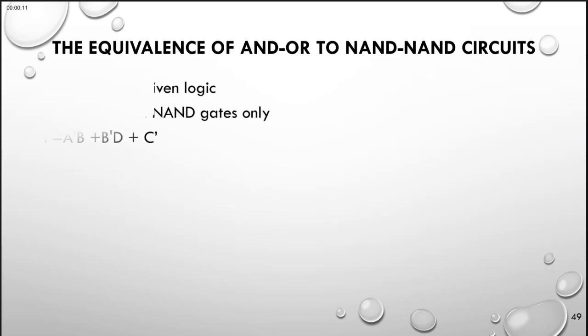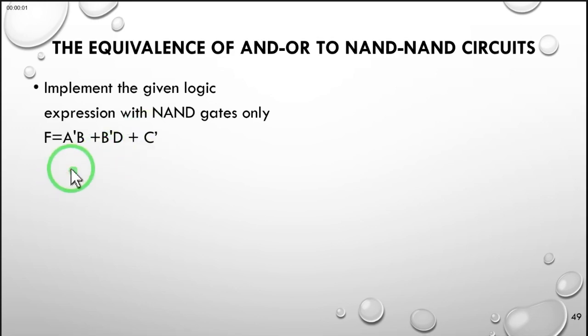So again, we have another example here that tells us to implement the given logic expression with NAND gates only. We observe that this is made up of an inverter, a NAND gate, and OR gates. My best approach is very simple: introduce double bars here, and then break the line and change the sign, break this line and change the sign.